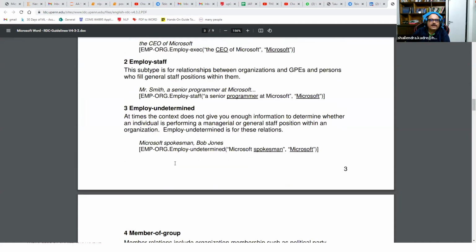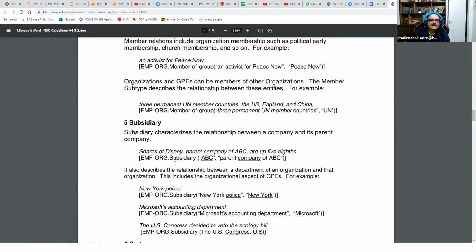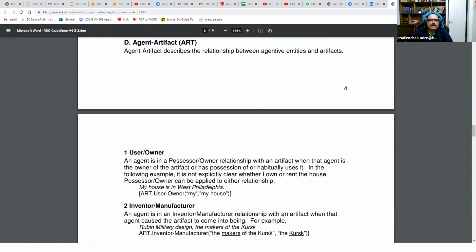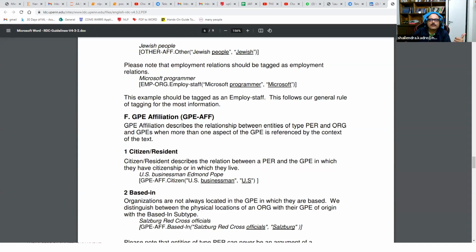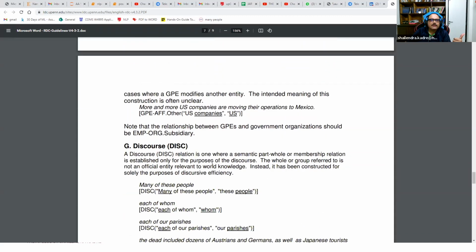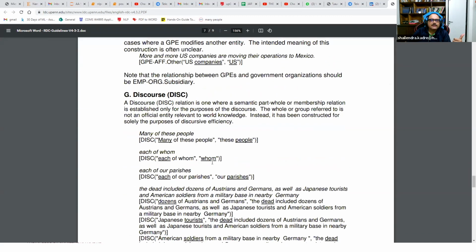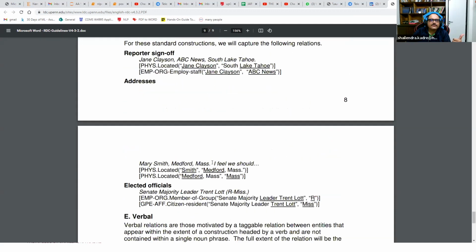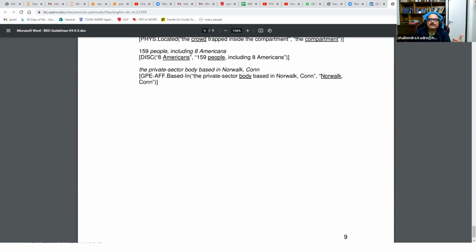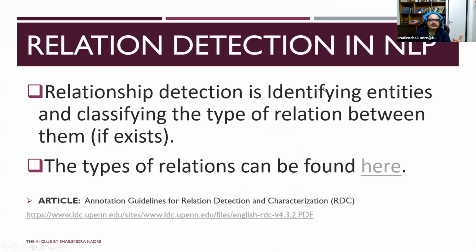We are not much concerned about this, but whenever you want a bigger representation, or want to understand in detail, this resource can be very useful, because it is a complete listing of all kinds of entities and relationships which are detected using relationship detection. So this is relationship detection.